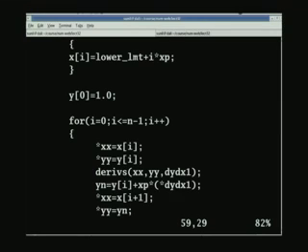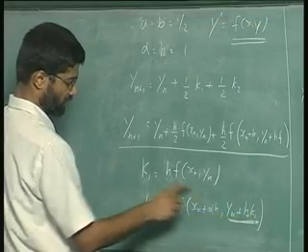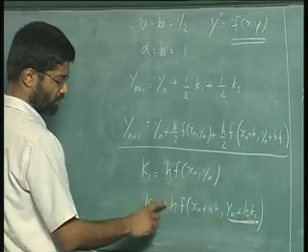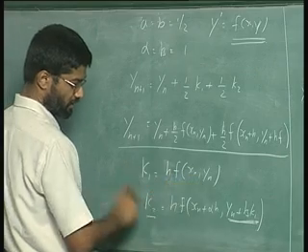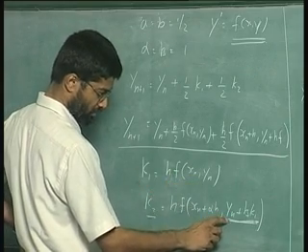Now I need to compute this quantity. To compute k2, I need to first know this point, that is yn plus beta k1. So k1 is h times f of x and yn, and I need to compute this quantity.